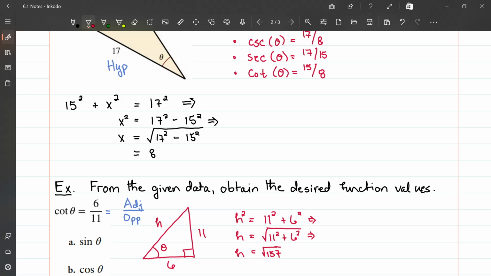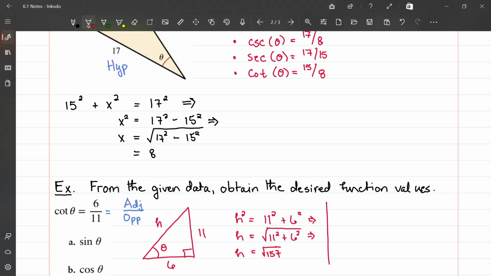All right, adding the squares of 11 and 6 together and then taking the square root, it appears that I find that the missing side, h, is square root of 157. You can check it. It's kind of an ugly answer. Now that we have this information, we can calculate sine and cosine. So I'm going to do that one at a time off to the side.